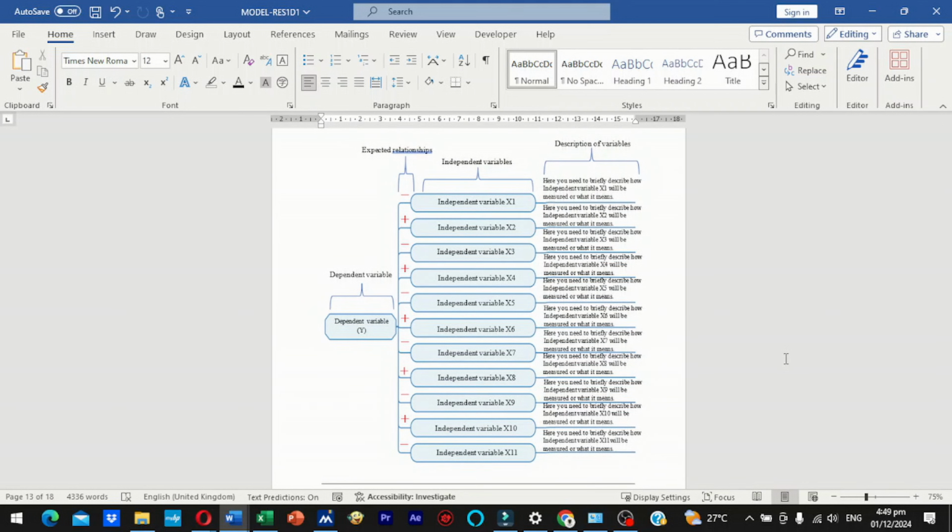You'll notice that studies that use questionnaires as a data collection method, most of them, questionnaires are usually bulky. The questionnaires have so many questions, and when you are dealing with such studies, the questions themselves are treated as independent variables.